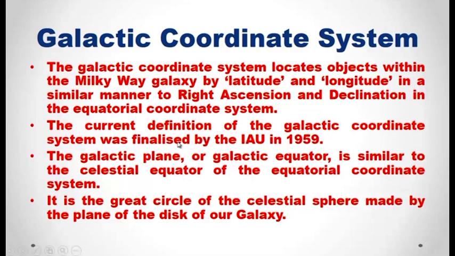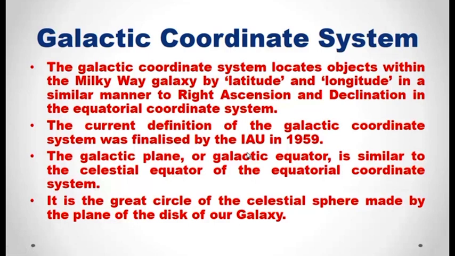The universe is made up of innumerable galaxies. So far, millions of galaxies are listed by astronomers. What is the position of these millions of galaxies? That is what the galactic coordinate system explains. The current definition of the galactic coordinate system was finalized by the International Astronomical Union in the year 1959.